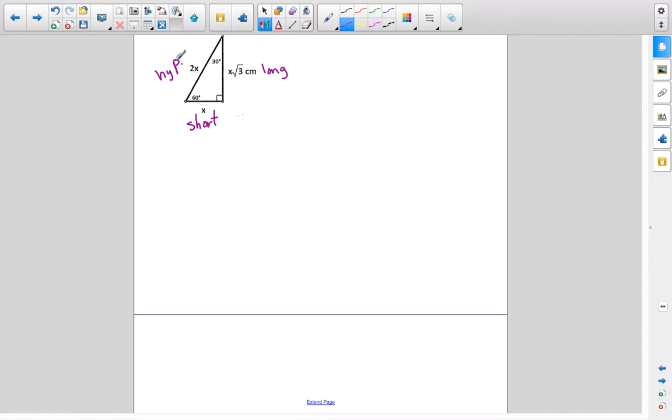Wow, so to get the hypotenuse, I double the short leg. To get the long leg, I take that short leg and multiply times the square root of 3. Seems to me I need the short leg, the most important leg in the whole 30, 60, 90, because if I have the short, I can get the hypotenuse. If I have the short, it'll be easy to get the long leg.